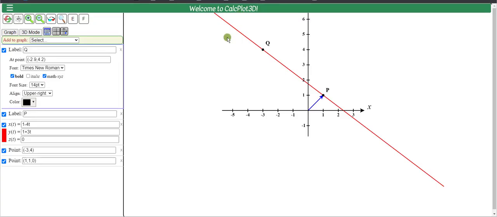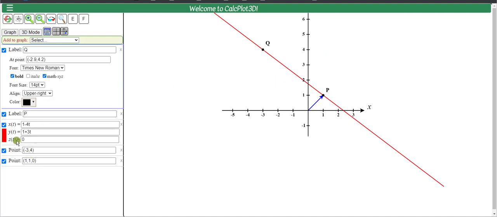So folks, I want to convince you that we actually have the line that we were describing. Here I've plotted this all in CalcPlot 3D. Here's point P, here's point Q, and then I gave the vector equation here. Entering the vector equation actually involves entering it parametrically. Also, just a defect of CalcPlot 3D is I've got this z of t, so I just set that as 0, and we're just in the xy coordinate system here.